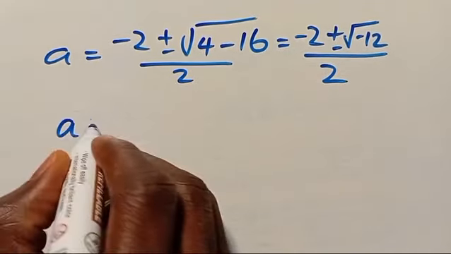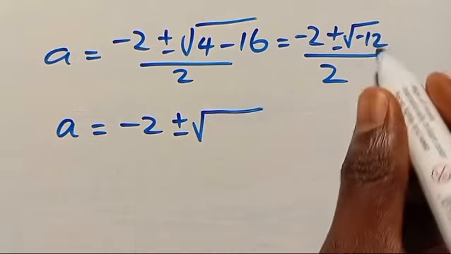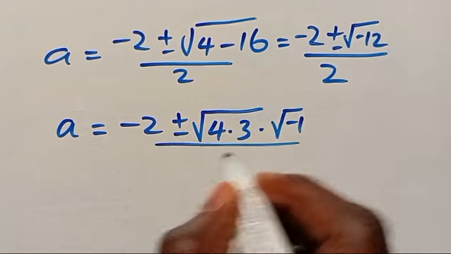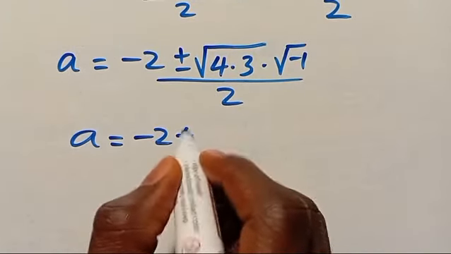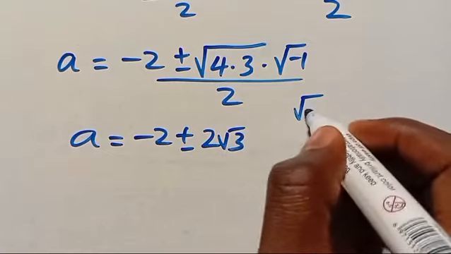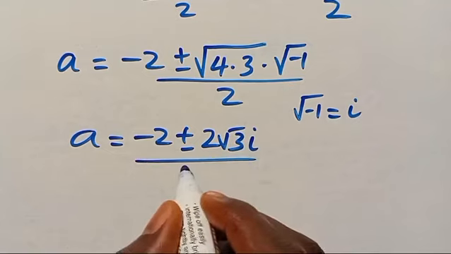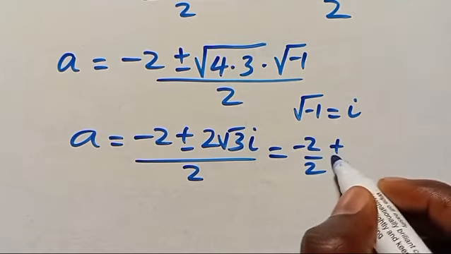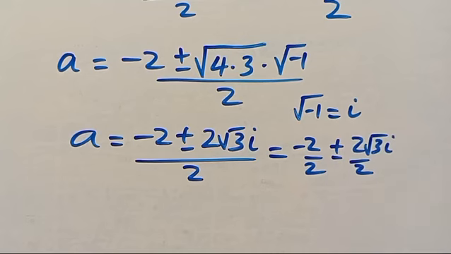So from here we have a equals minus 2, positive or negative. We can have 12 as the product of 4 times 3, multiplied by root of minus 1, divided by 2. So a will now be minus 2, positive or negative, root 4 will give us 2 multiplied by root 3. Then root of minus 1 equals i in a complex number, so root 3i divided by 2. Let's divide by 2: minus 2 divided by 2, positive or negative, 2 multiplied by root 3i divided by 2.